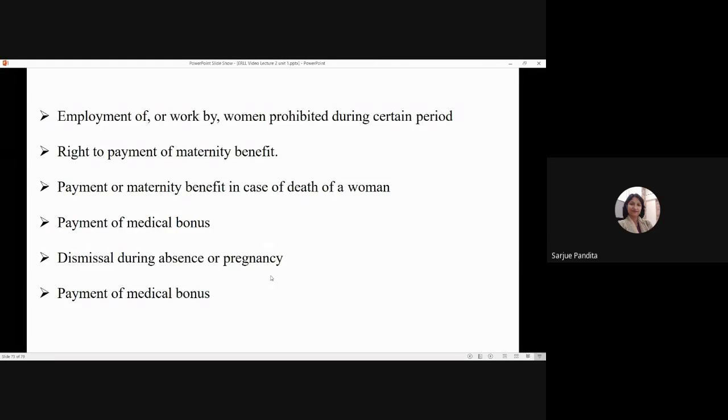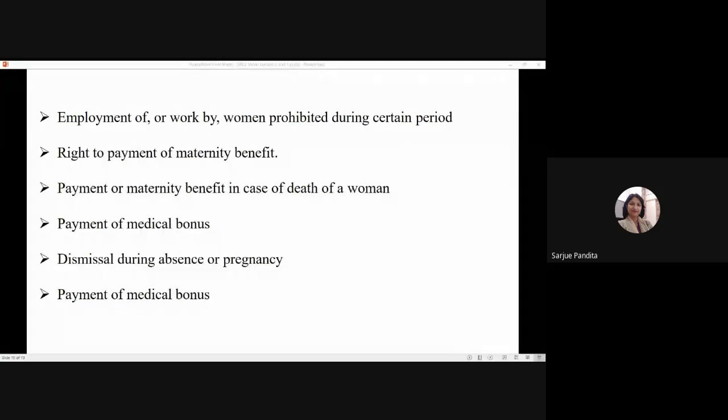Then payment of maternity benefit in case of death of a woman. Now, let us suppose a female dies. If a woman entitled to maternity benefit or any other amount under this Act dies before receiving such maternity benefit or amount, or where the employer is liable for maternity benefit under the second provision of Section 5, the employer has to pay such benefit or amount to the person who has been nominated by the woman in the notice given under Section 6.